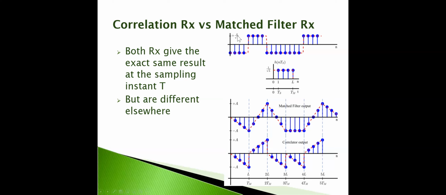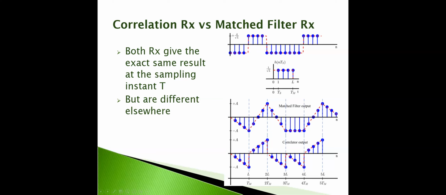So if our symbol here is plus A divided by the root of L, this one's minus A divided by root of L, then we see that the shapes of these things are the same. So we can use that same filter and just look at this decision point.